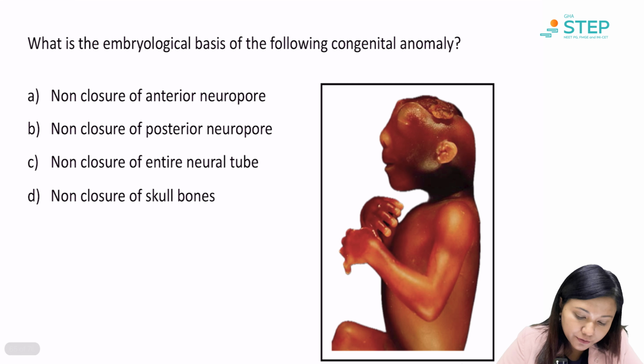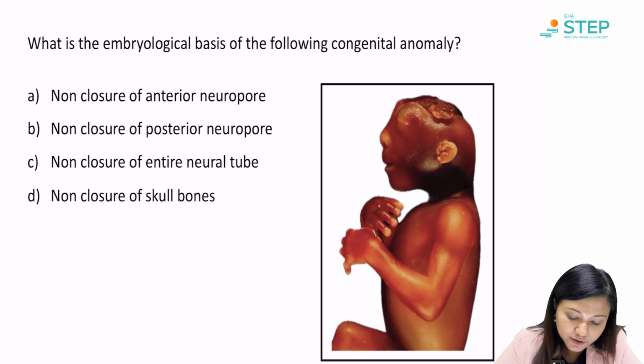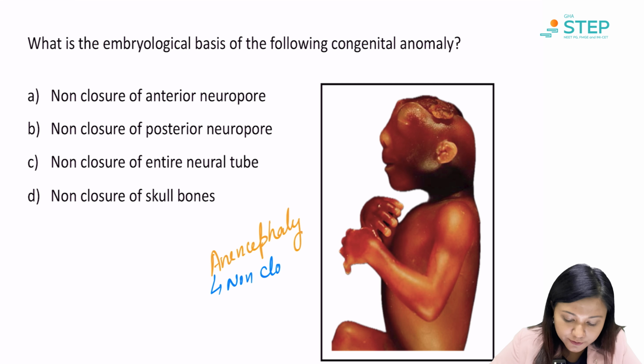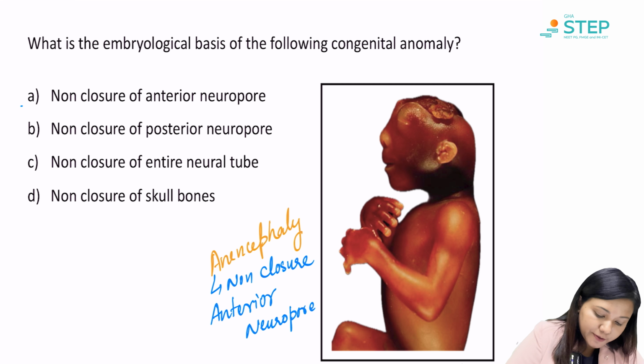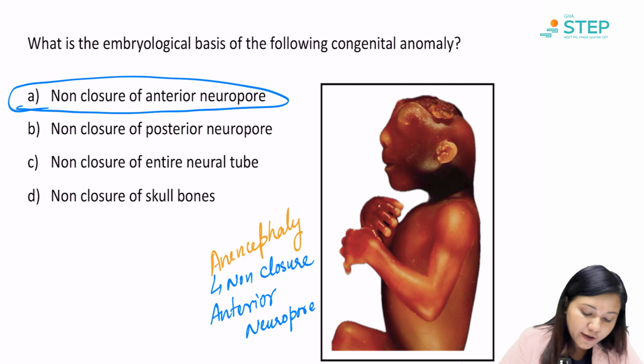So let us come to the question: what is the embryological basis of the congenital anomaly? This is a case of anencephaly, and you know that anencephaly is non-closure of the anterior neuropore. So this will be the correct answer, non-closure of the anterior neuropore.